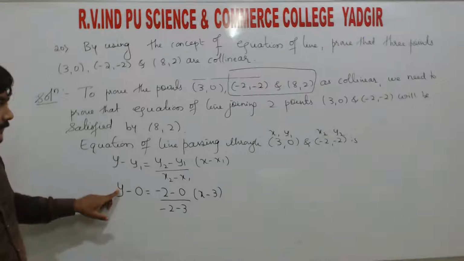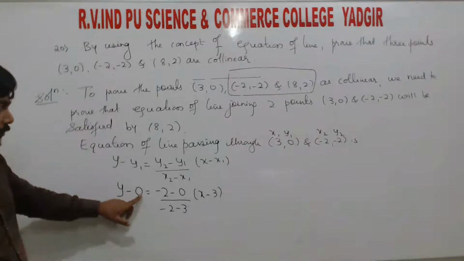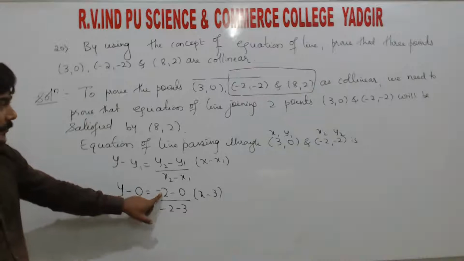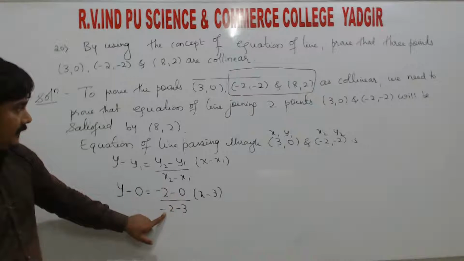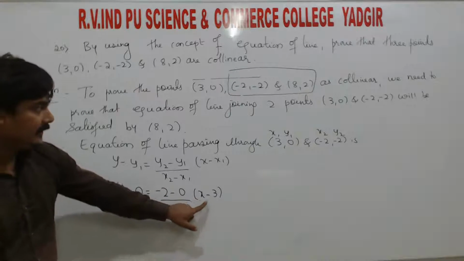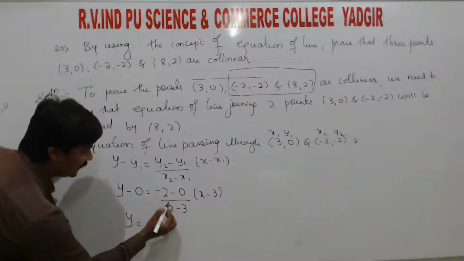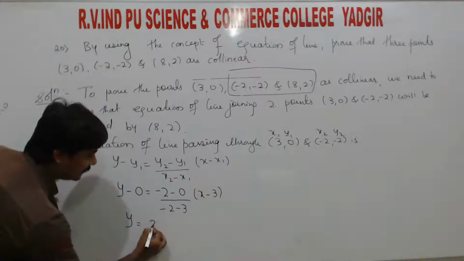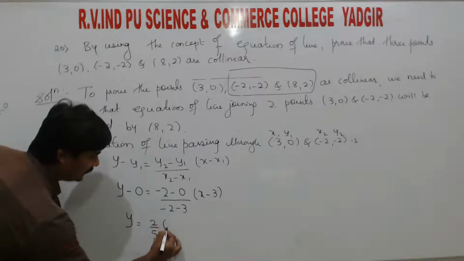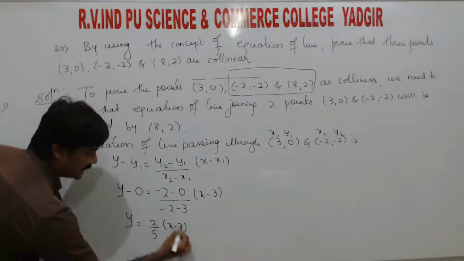Okay, y2 is -2, y1 is 0, x2 is -2, minus x1 is 3 into x minus x1. So this becomes y equal to -2 divided by -5, minus and minus cancel, so it is 2 by 5 into x minus 3.